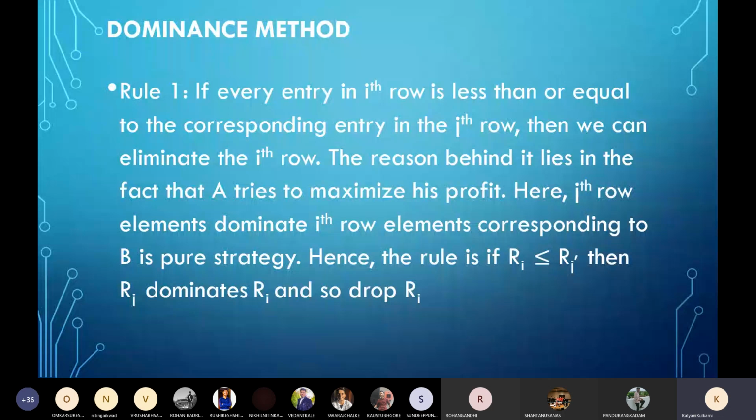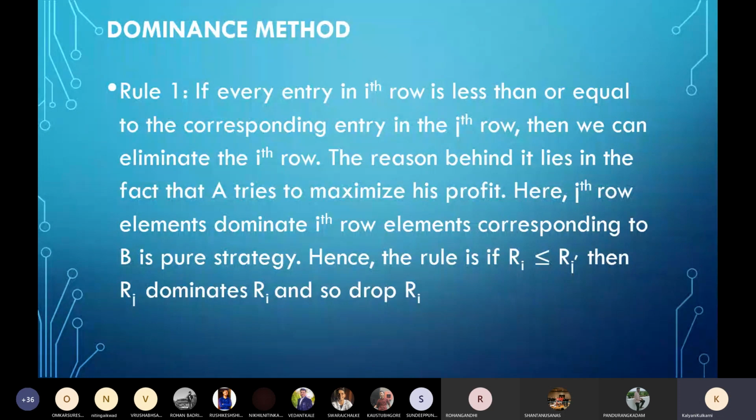The reason behind it lies in the fact that A tries to maximize his profit. Here the jth row element dominates the ith row element corresponding to B, and it is a pure strategy.